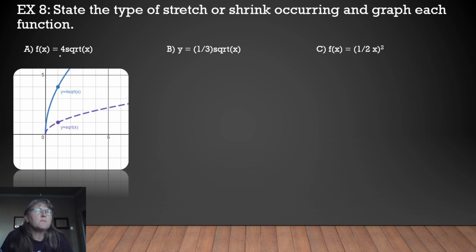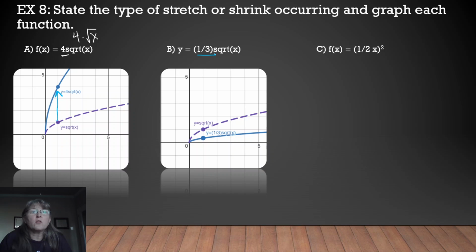Okay. All right. Now let's just kind of go through a few and see what's going on here. So in A, I'm multiplying by 4. 4 times the square root of x. So this 4 is on the outside, so it is a vertical stretch. And you can see in the picture that the point got pulled up vertically. So it's steeper, okay? If I multiply it by a third, this is now still on the outside of the square root. So I now am bringing it down and I'm making the curve flatter, okay?